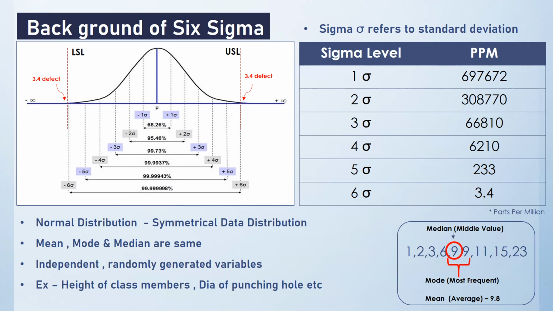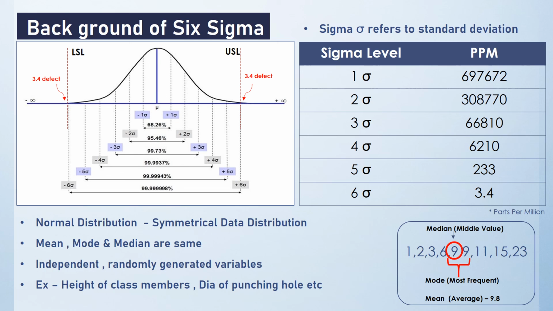In 5 sigma only 233 parts will be rejected, because this much quantity will be out of this area. In the 6 sigma category, only 3 parts per 1 million production will be rejected. 3 parts out of 10 lakh parts production only will be rejected. That means in the 6 sigma area, only 3 defects will be found.